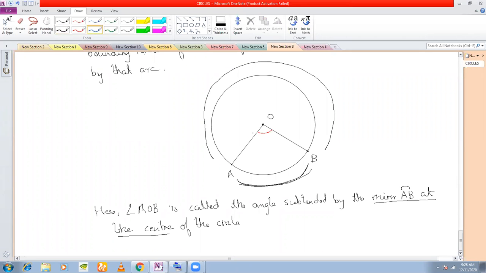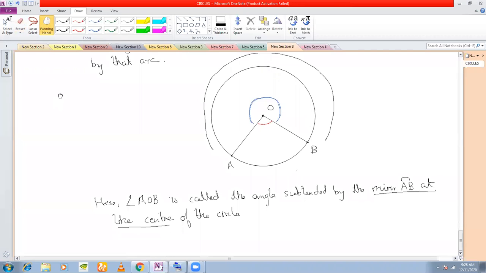Then the angle subtended by the major arc AB at the center will be this angle. Is it clear? Or any questions on this? So this is the blue one, the reflex angle that you see here. This angle is the angle subtended by the major arc AB at the center.